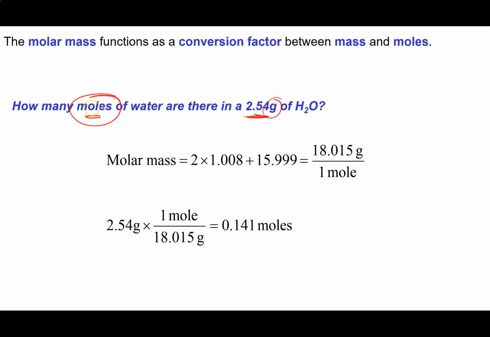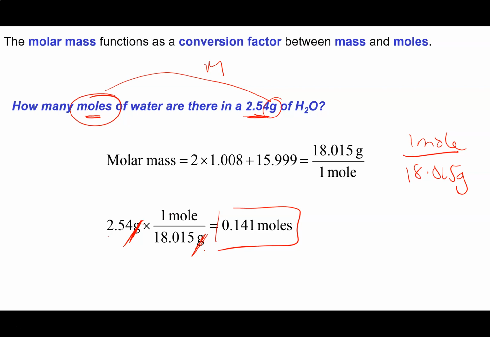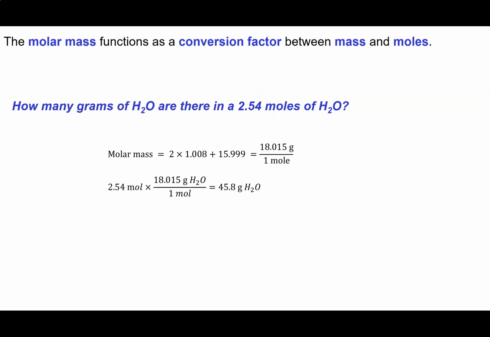I know that to convert between moles and grams, I'm going to use the molar mass, and in this case I need the form of the conversion factor that has moles on the top and grams on the bottom, like so. So 2.54 grams times 1 mole per 18.015 grams, and that ensures that grams cancels out, leaving me with moles. Alright, this is all very familiar, right?